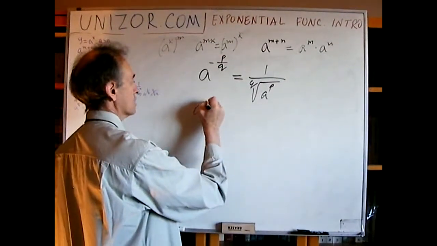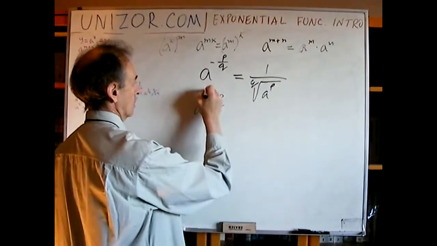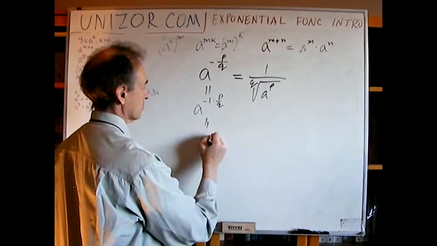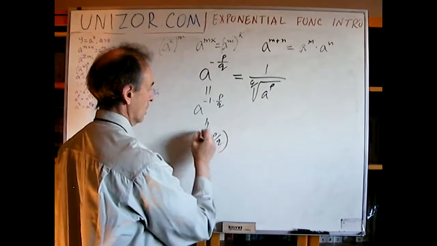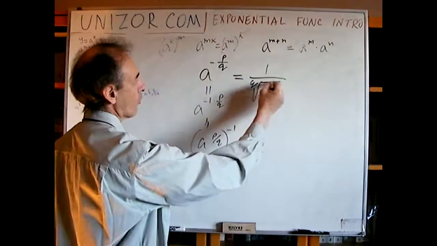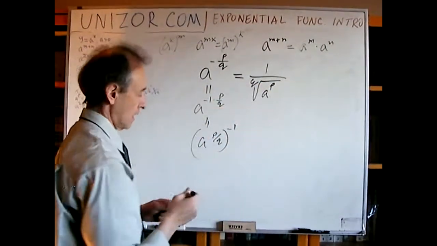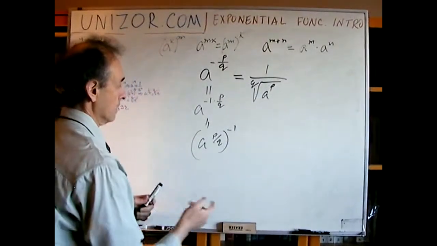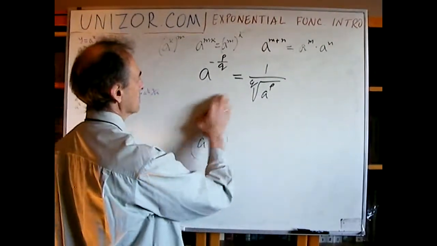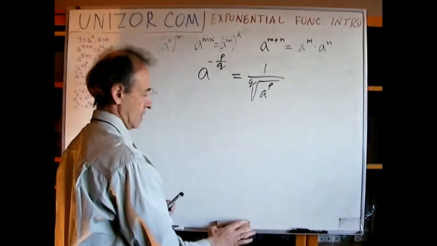This is minus 1 times p over q, which is a to the power of p over q, to the power of minus 1. Minus 1 gives me 1 over, and the a to the power of p over q gives me the q's root of a to the power of p. So no matter how we do it, this is a definition for negative rational numbers.